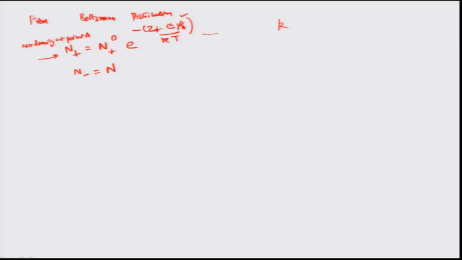So, I am not going to go into the derivation of how we arrive at this, but we will just merely explore whether the boundary conditions are obeyed as far as this equation is concerned. Okay. So, we have k as the Boltzmann constant.